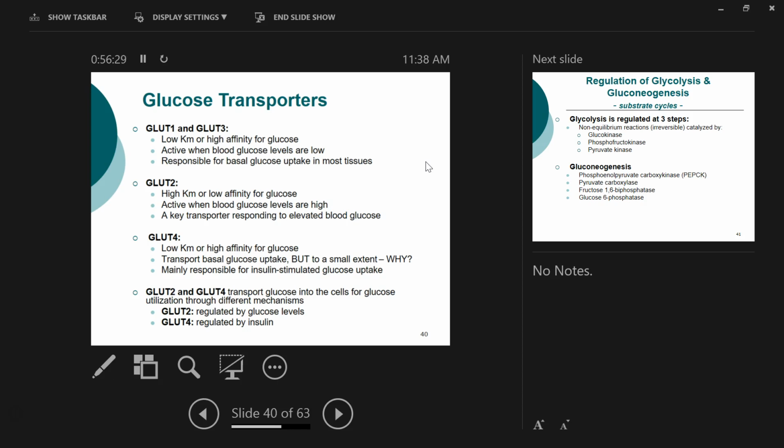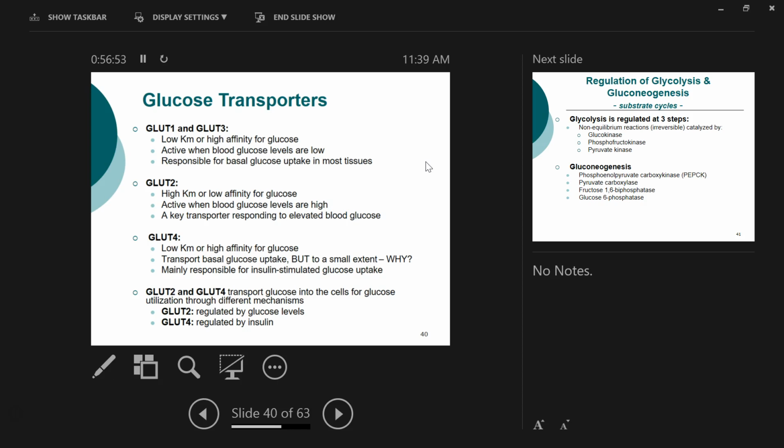Why is GLUT4 not the glucose transporter that transports basal level glucose? Yes. Because it's dependent on insulin, which is made by GLUT2, which has a low affinity. So it kind of depends on that.